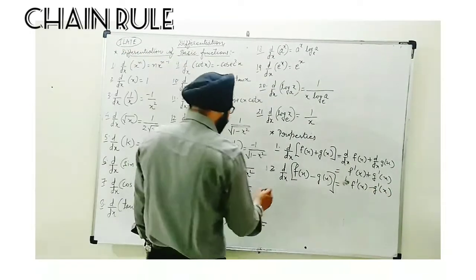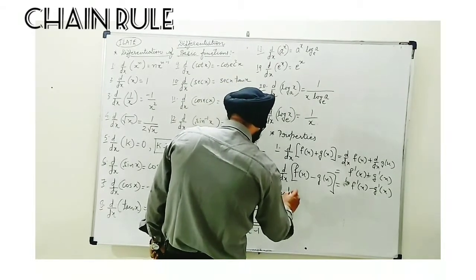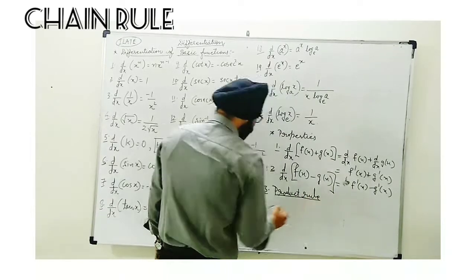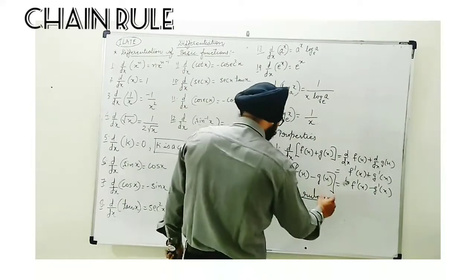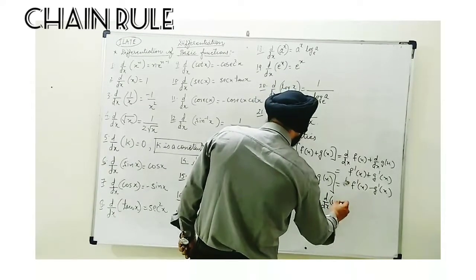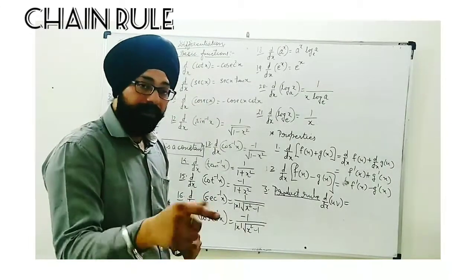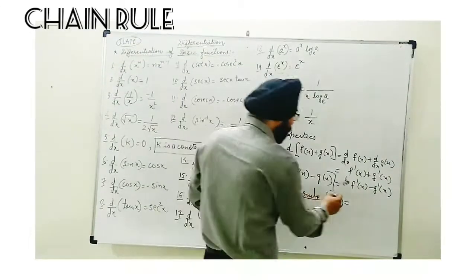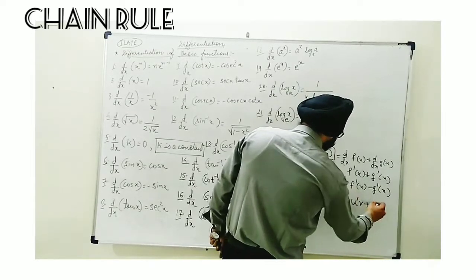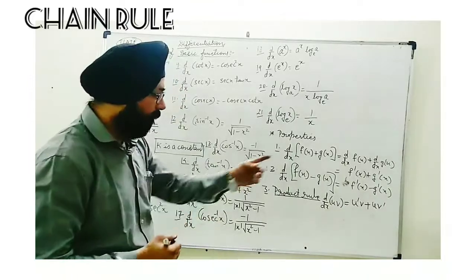Third one is known as product rule. When two functions are given in product, d by dx of uv, then what happens? We alternately differentiate the functions. We differentiate u first, so it becomes u dash, we put plus sign, then u as it is, and we differentiate v, it becomes v dash.